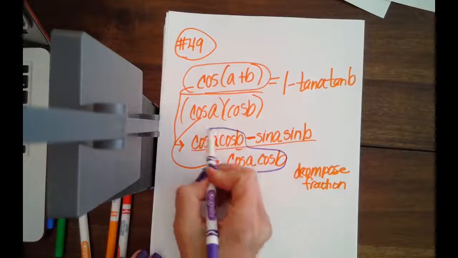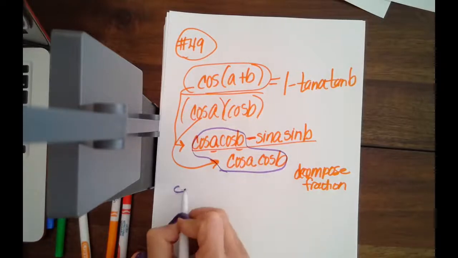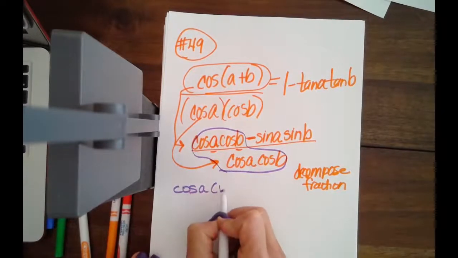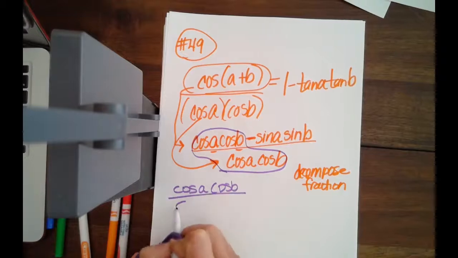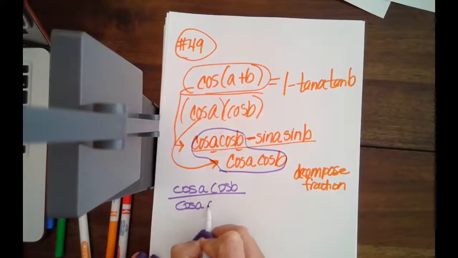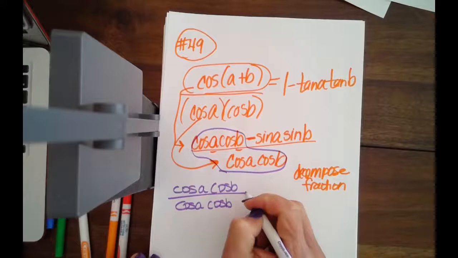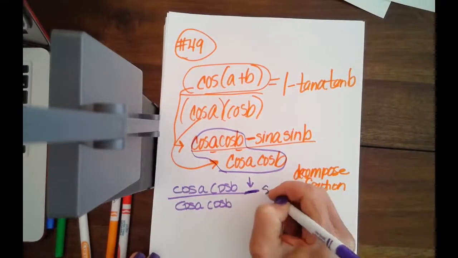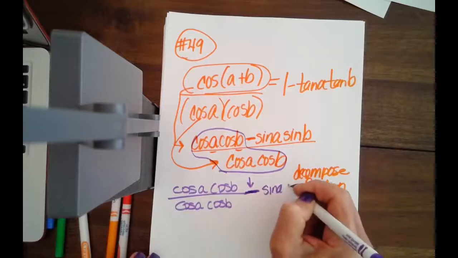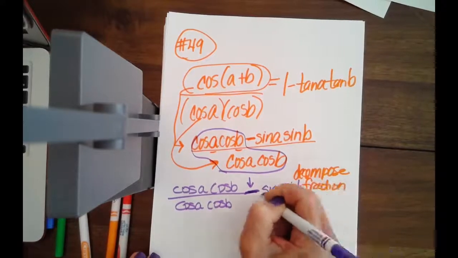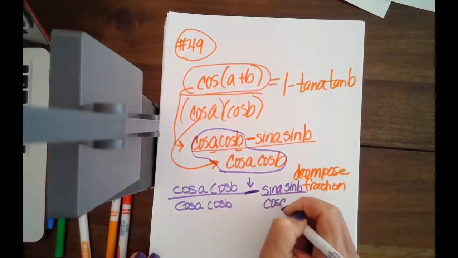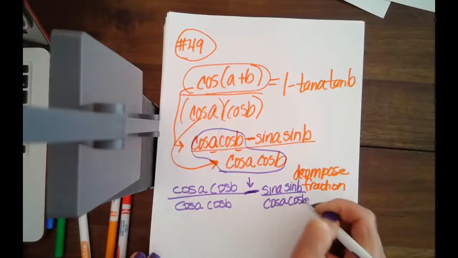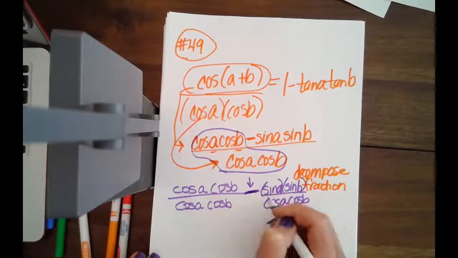So we're going to call this one fraction, cosine A cosine B over cosine A cosine B, and then subtract sine of A times sine of B over cosine A cosine B. Now I'm going to put those in parentheses so you can see them.